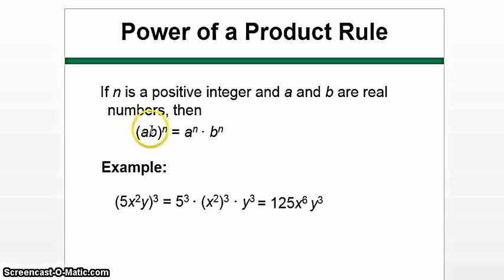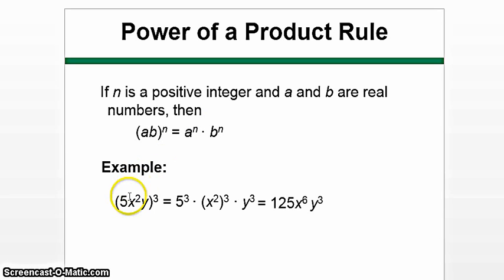Here ab is the base, n is the exponent. This gives a to the power n times b to the power n. a is the base, n is the exponent, times b is the base, n is the exponent.